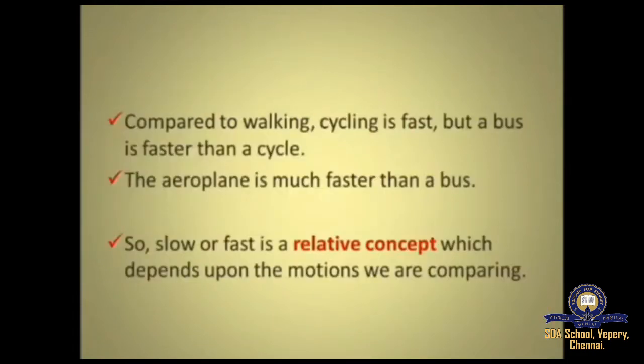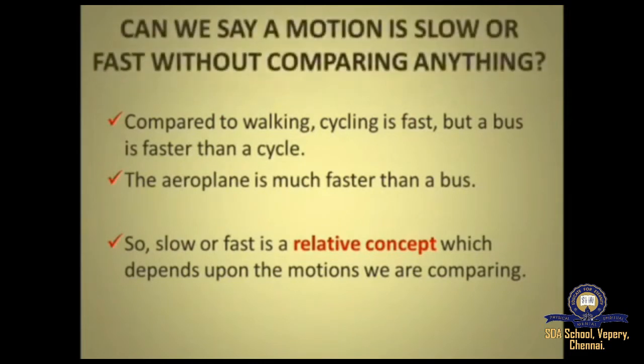Now, can we say a motion is slow or fast without comparing anything? When compared to walking, cycling is fast, but a bus is faster than a cycle. Similarly, the aeroplane is much faster than a bus.